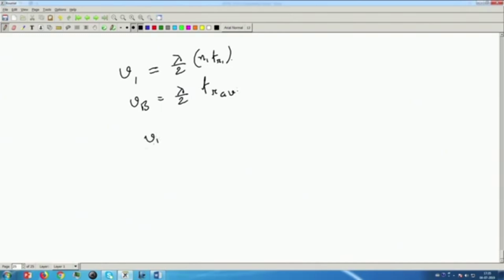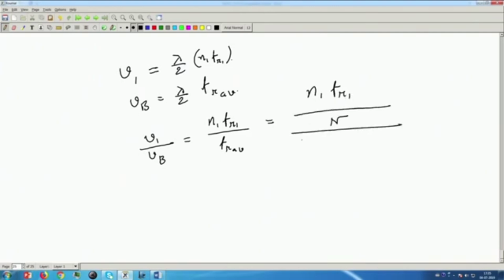So, V 1 by V b is n 1 F r 1 by F r average, which is n 1 F r 1 by n by 1 by F r 1 plus 1 by F r 2 plus 1 by F r n, etc. Now, as before, we can express all these F r 2, F r 3 from that formula.